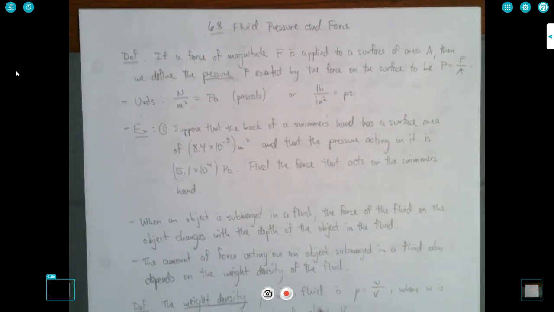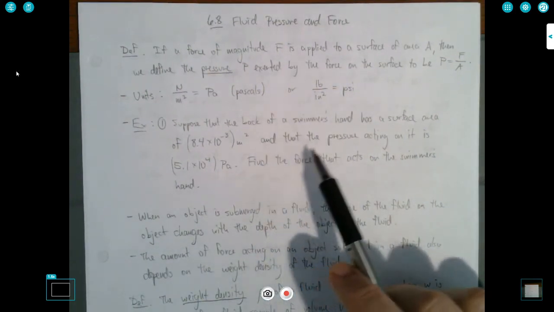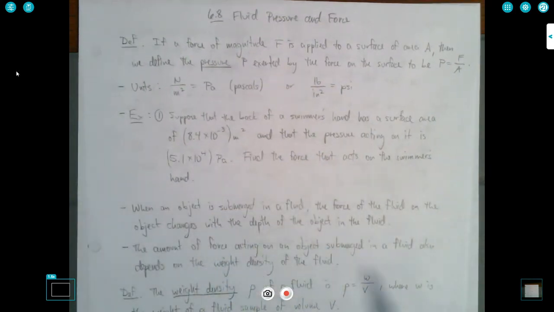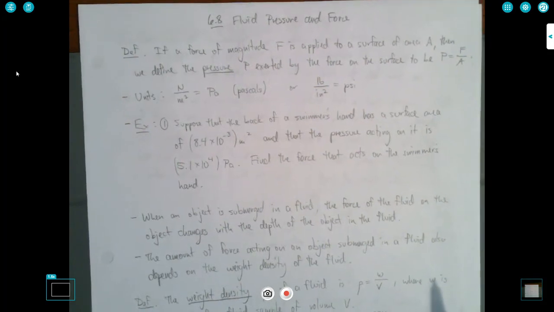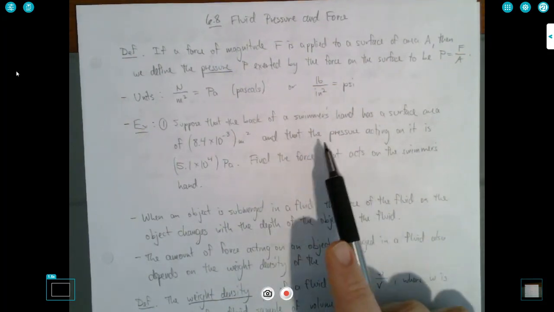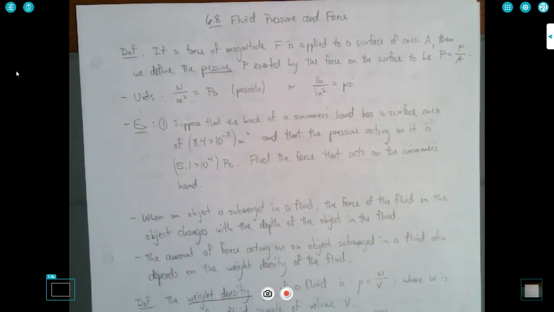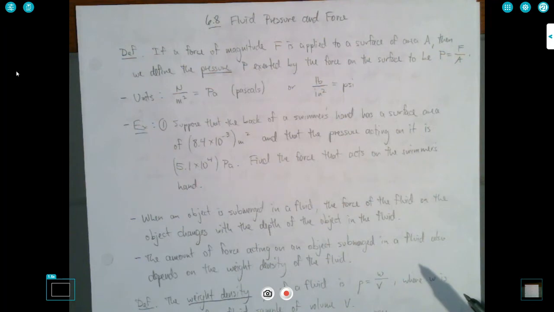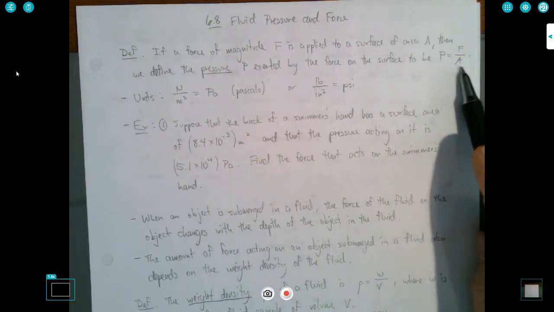So for example, suppose that the back of a swimmer's hand has a surface area of 8.4 times 10 to the negative 3 square meters, and that the pressure acting on it is 5.1 times 10 to the 4th pascals. Find the force that acts on the swimmer's hand. Well, if we know that the pressure is force divided by area, then the force should be pressure times area.